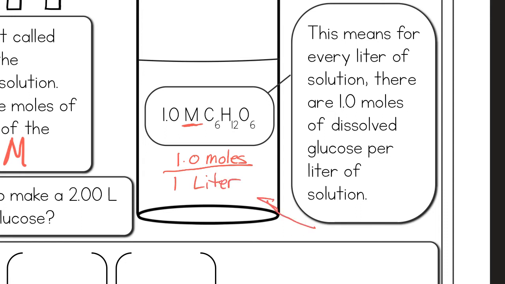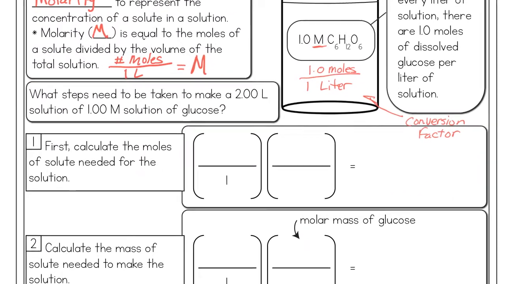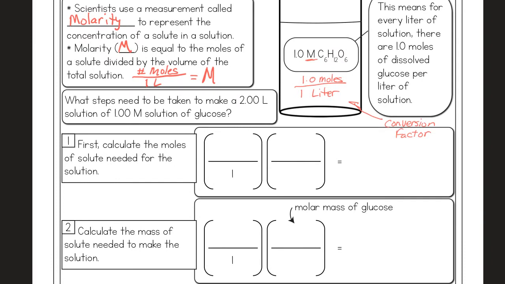This is a conversion factor, and if we have conversion factors, we're going to be using the factor label method to solve these problems. There are 3 different steps to doing this in a chemistry lab. It says what steps need to be taken to make a 2.00 liter solution of a 1.00 molarity solution of glucose. So the concentration, how strong this is going to be, is 1.00 molarity.